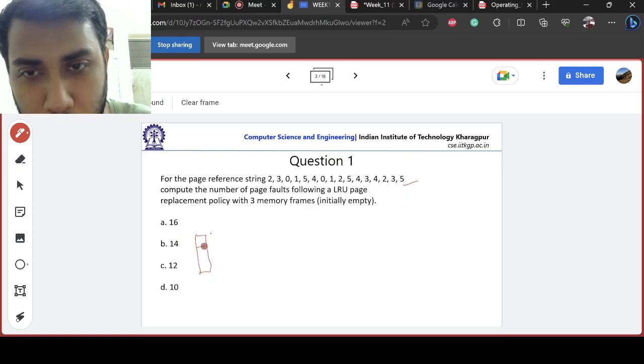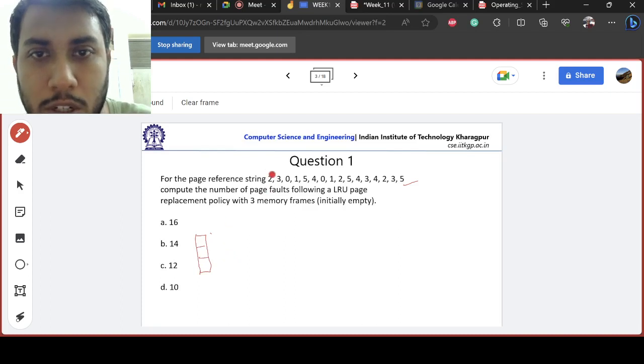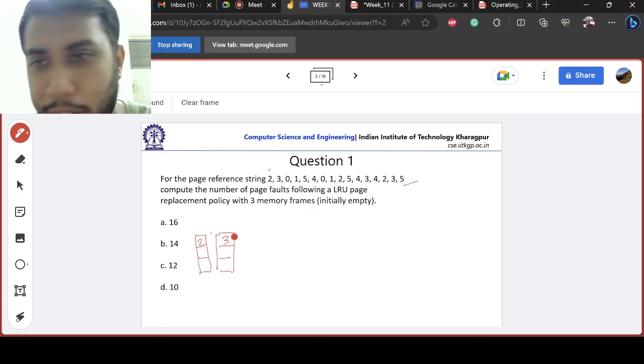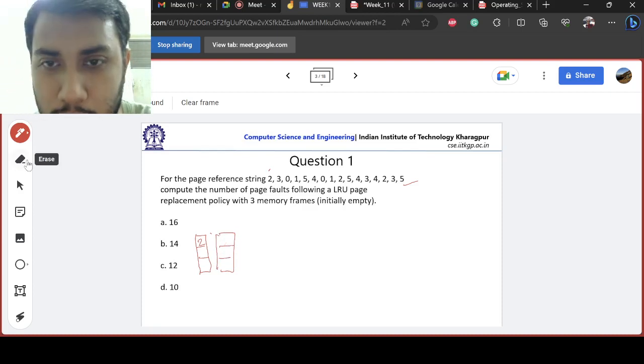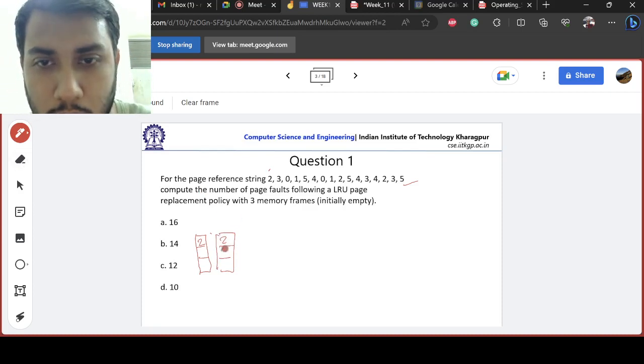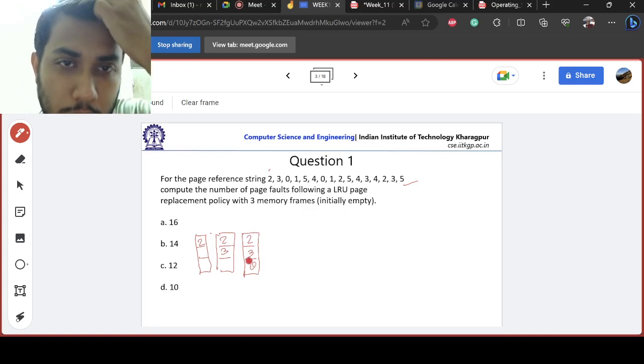Initially 2 is not present, so it will be a page fault. Then 3 is brought in, another page fault. Then 0 is brought in, another page fault. So we are using the concept of LRU.